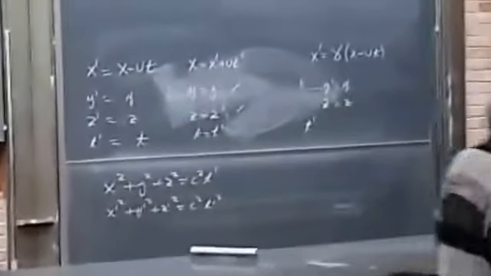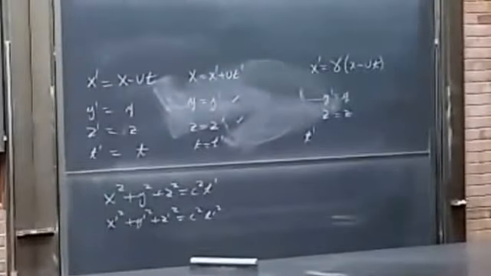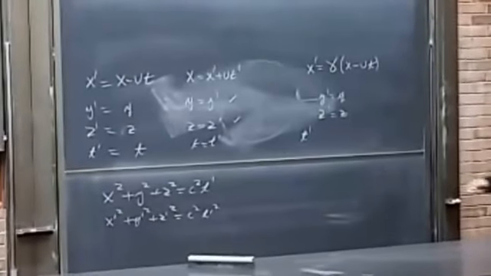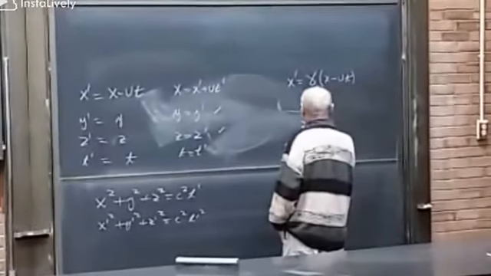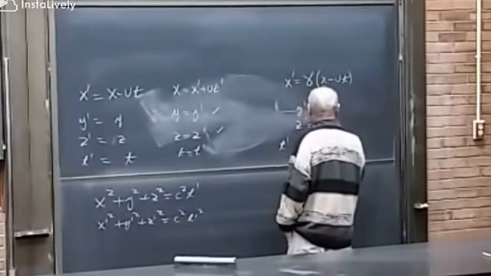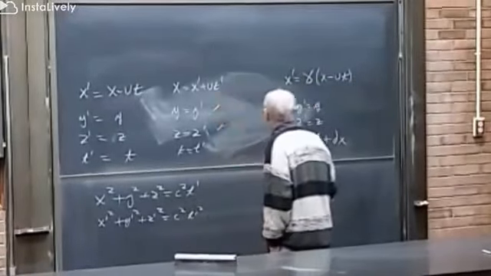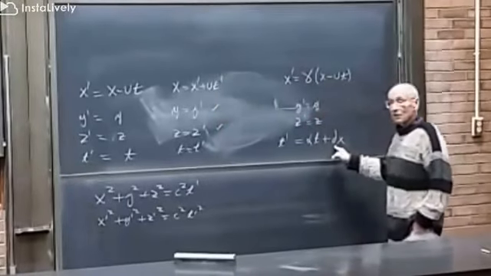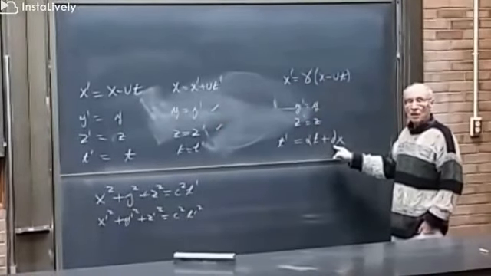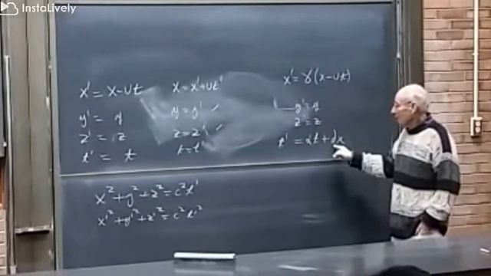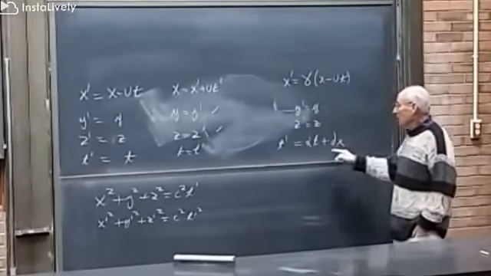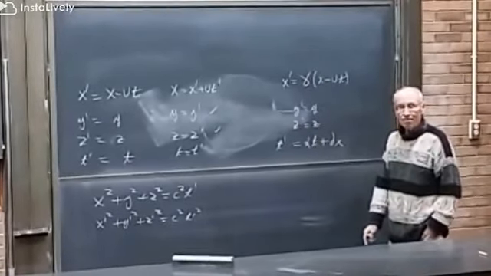So we will assume that t prime is equal to some constant times t plus some constant times x. This is the revolutionary idea, that we add to it a position dependence for time.